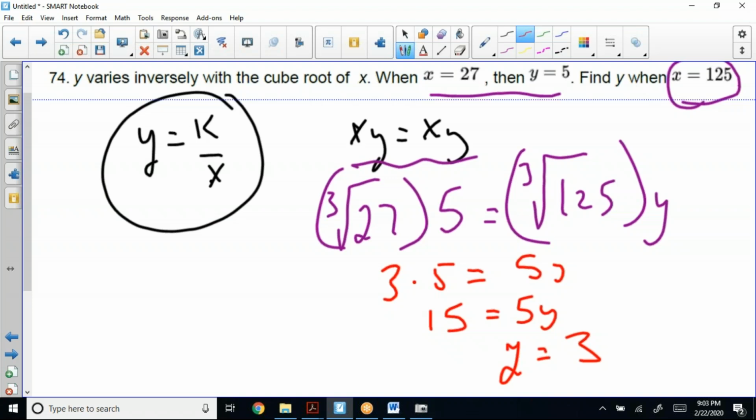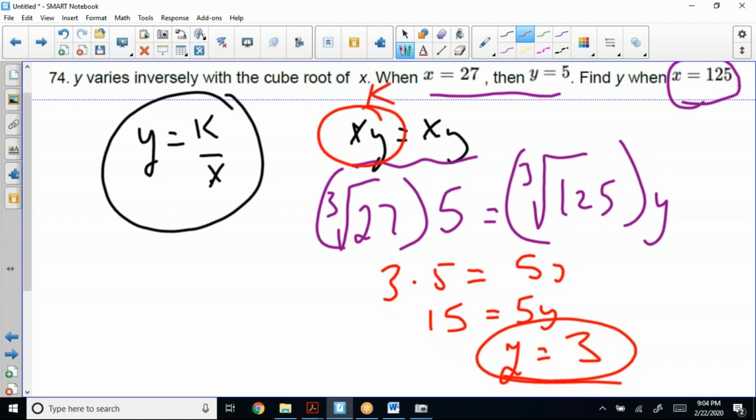So if we're looking at this, 3 is the answer, right? But if they ever wanted us to tell them what the equation was, when you do this x times y, you're getting what k is, right?